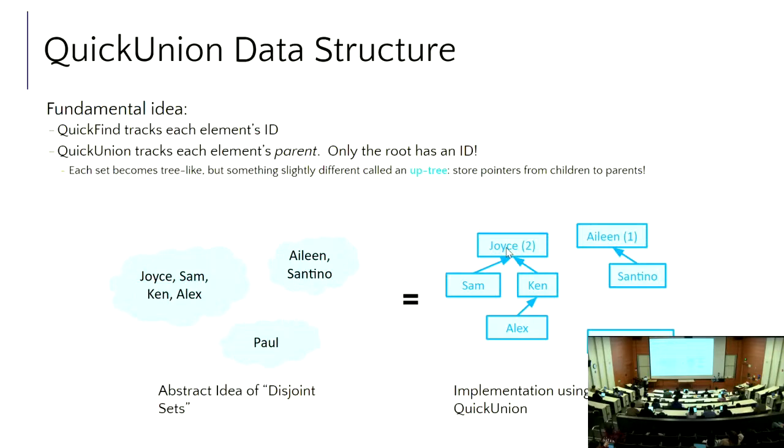Then the overall tree set object, not the individual node object, would have a field that stores the overall root, pointing to this top node. That's where you find the representative. So if you get into an individual set node and its parent pointer is null, that means you are the ancestor, and thus you are the representative.